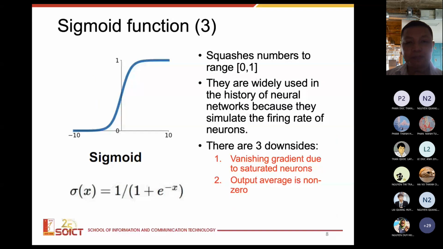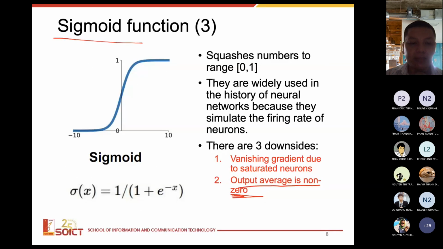Okay, besides the vanishing gradient problem, if we use the sigmoid as the activation function, we have another downside: the output average is non-zero. What do I mean by that?